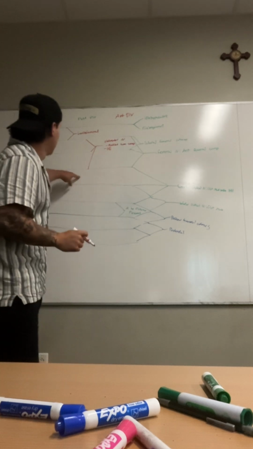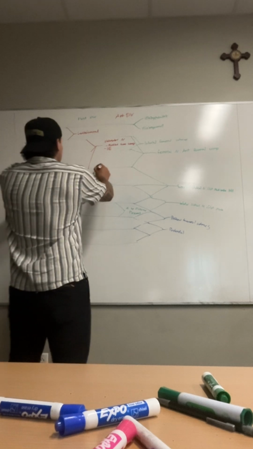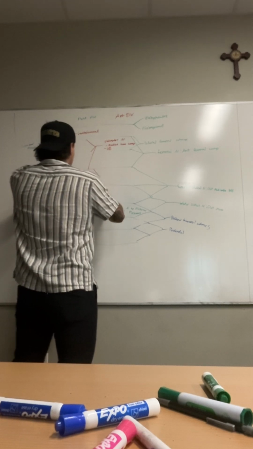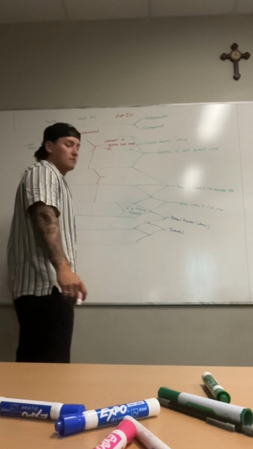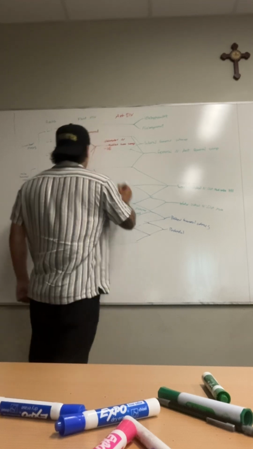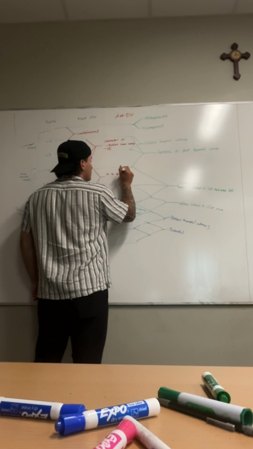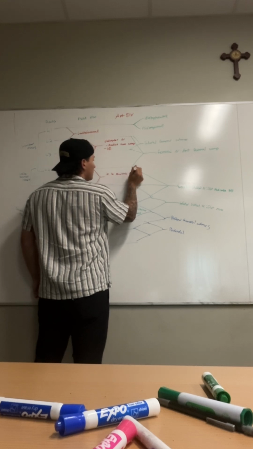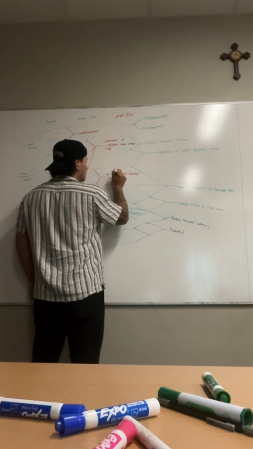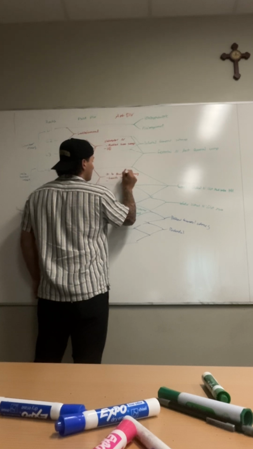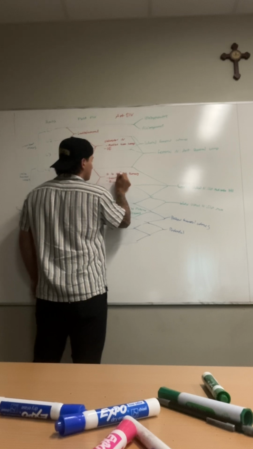And then L4 and S1 come together. And that's going to be your nerve to quadratus femoris. It innervates your gemellus inferior and your quadratus femoris.